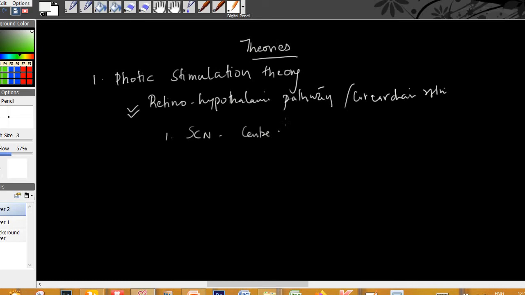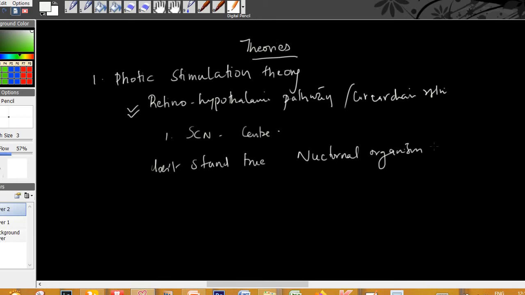At the same time, when the light goes off, you will have sleep onset. This theory does not stand true for obviously nocturnal organisms like owls, all those nocturnal organisms.